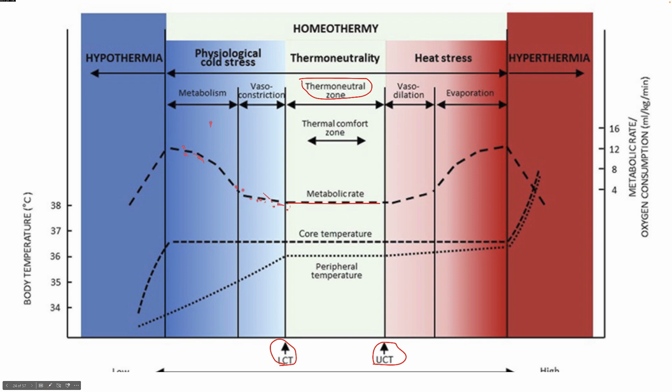They can cross over into hypothermia, and metabolic rate is going to decrease rapidly during that time to the point where it can cause death. And so this is when we're in physiological cold stress.